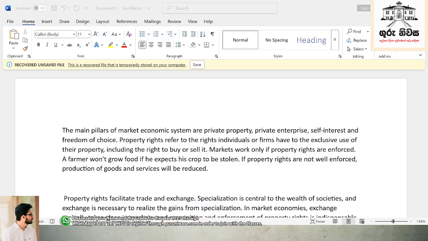Right, this is the answer for the second question. You cannot make an answer exactly like this, but try to include these points in your answer.